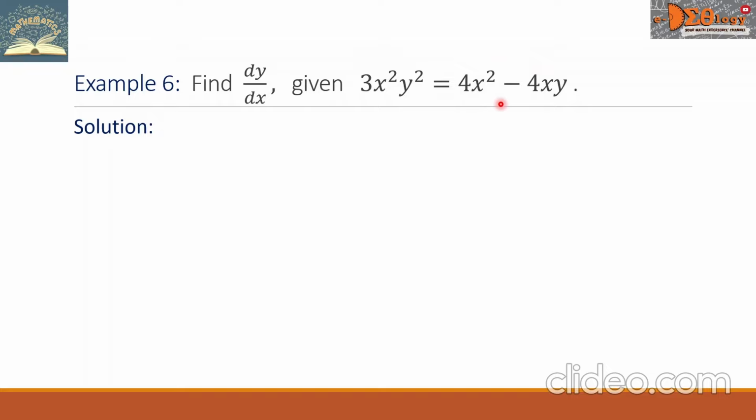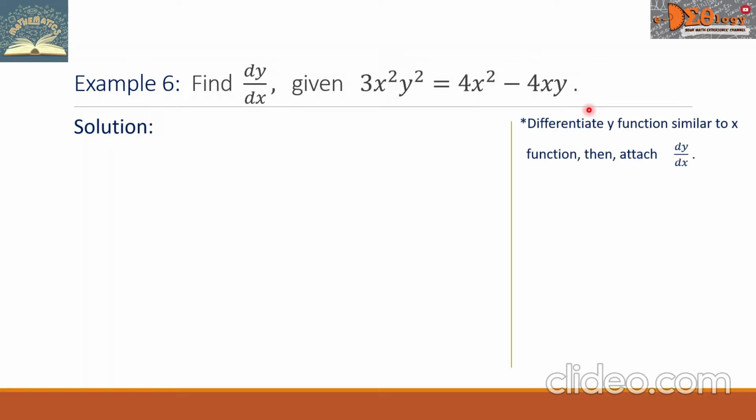The 4x squared is a function of x, and the negative 4xy is again a product of the functions for x and y respectively. We know that we're going to differentiate y function similar to x function, then attach dy over dx. For the product functions, we will apply the product rule.